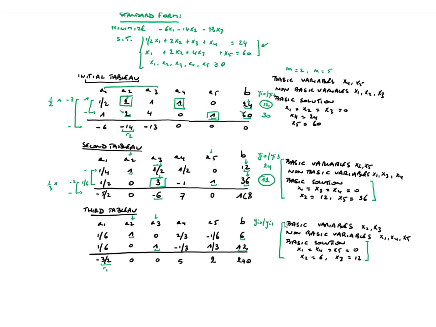So this one divided by this one, so we have 36, and this one here divided by this one, and this is 72. So obviously the smallest non-negative value is this one, so we can see here that the pivot will be this element over here. So x1 will enter the base and x2 will leave the base, right?